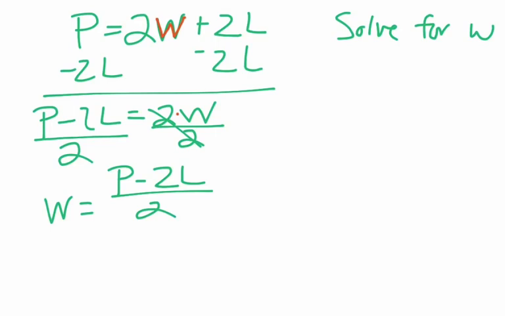Now, what this allows you to do is, the problem that I'm looking at is, find the width when the perimeter is something and the length. Where I personally would find this more useful is if I wanted to program my graphing calculator or something to find the width.